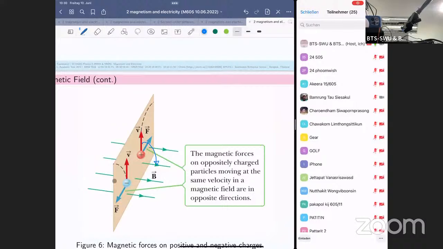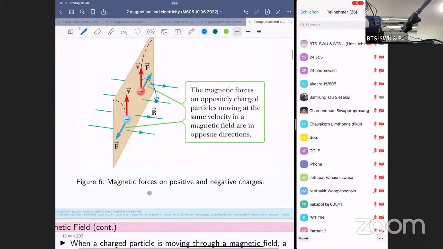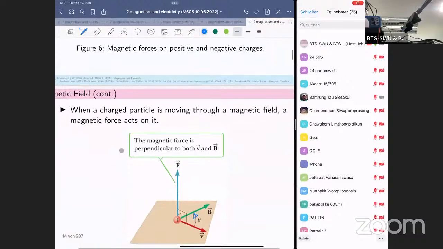On the other hand, if we consider a negative charge, for example an electron, proton is positive charge, electron or muon are negative charge, or any object to which you add electrons, you will get a negative charge.